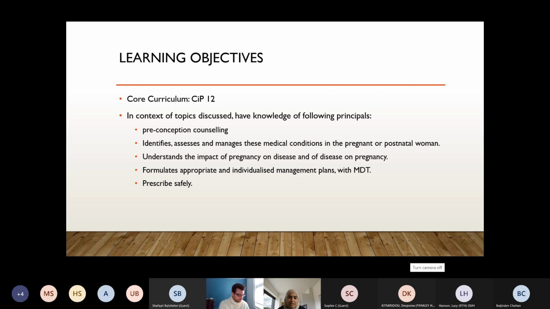It is a very, very large topic, so I'm unable to cover all of the hematological problems in 1.5 hours. So I've chosen the common ones.